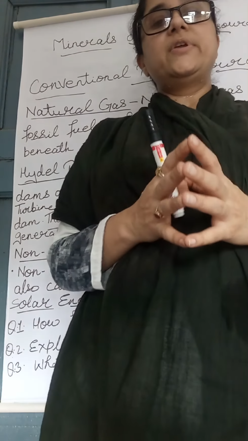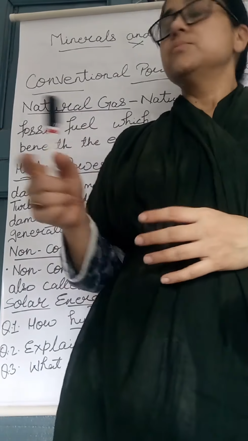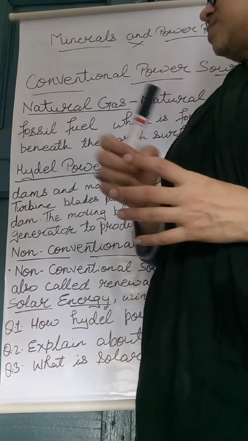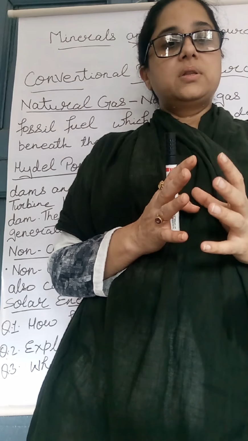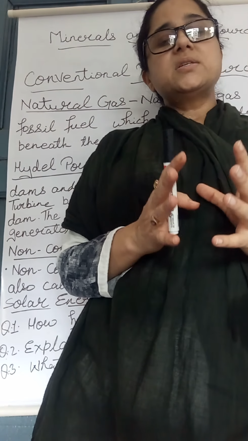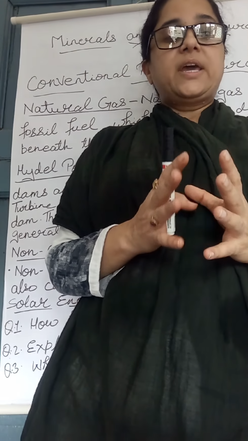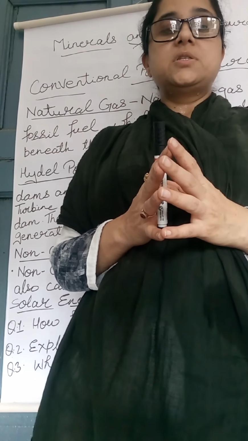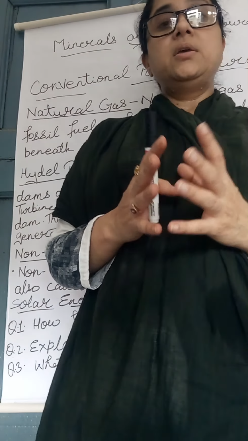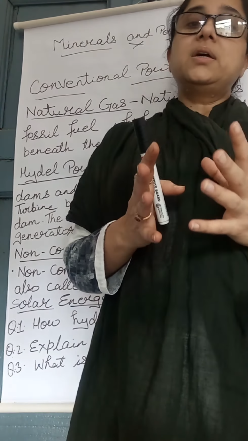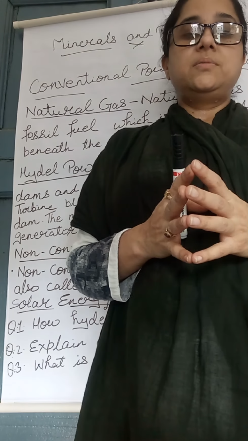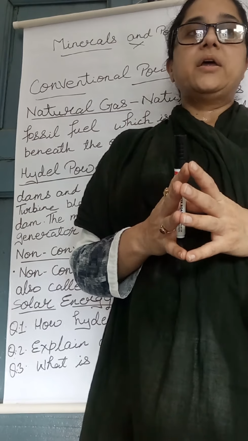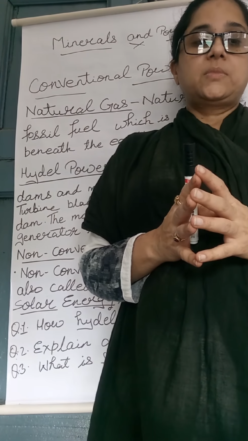Now, today I will explain natural gas. What is natural gas? It is a mixture of gaseous hydrocarbons, mainly methane. Other gases are also there, that is ethane, propane and butane.